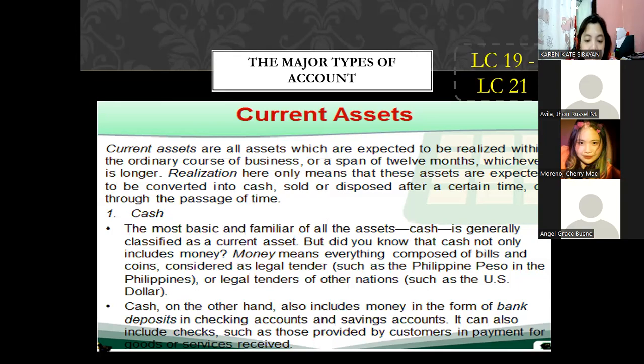Okay, so cash on the other hand also includes money in the form of bank deposits. Okay, so mga checks, such as of course, checking accounts, savings account. Ito yung nabanggit ko sa inyo, diba? Cash in bank. Yan, ito 'yon. So it can also include checks such as those provided by customers as payment for goods and services received.